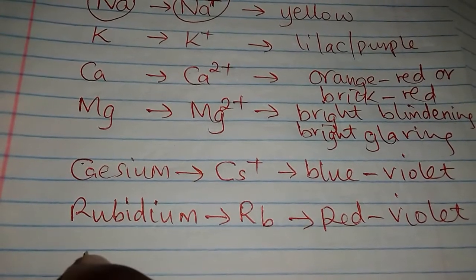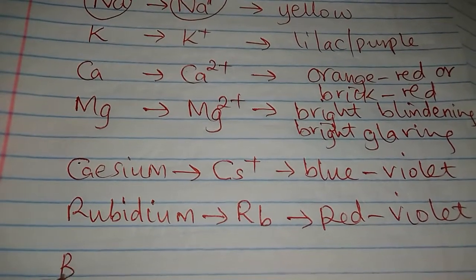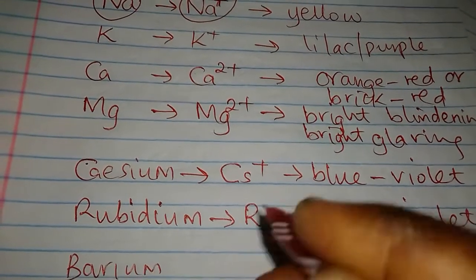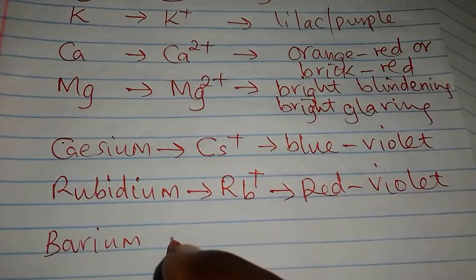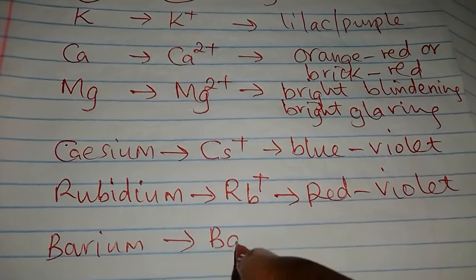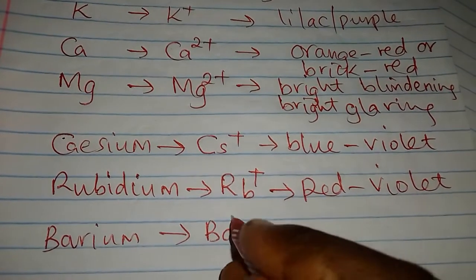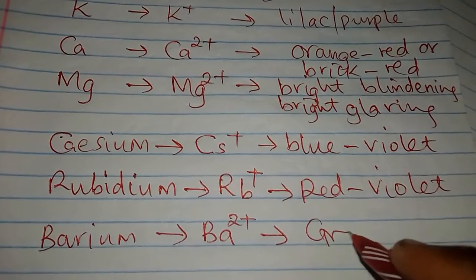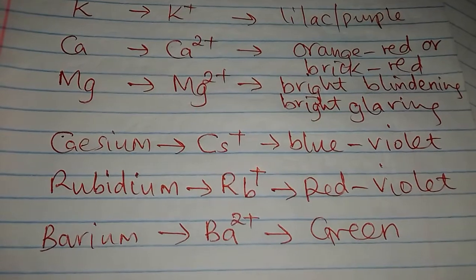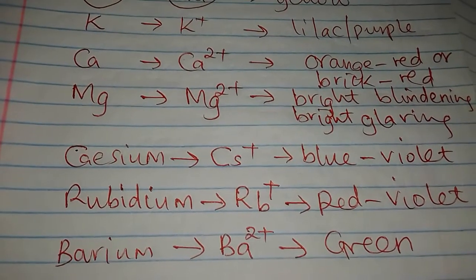I may further have something else like barium, which is a group 2 element, capital B small a, with the 2 positive. If this one gets burned, I expect to see a green color as far as its flame is concerned.